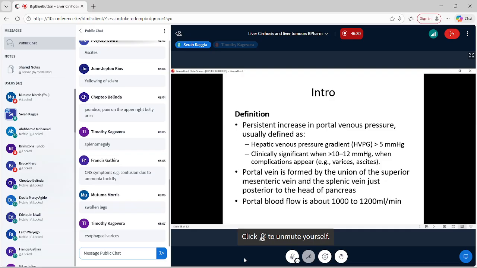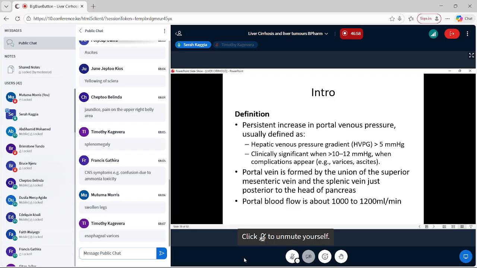For it to become clinically significant, where patients will present with signs and symptoms, this pressure gradient has to be above the clinical threshold. Okay?